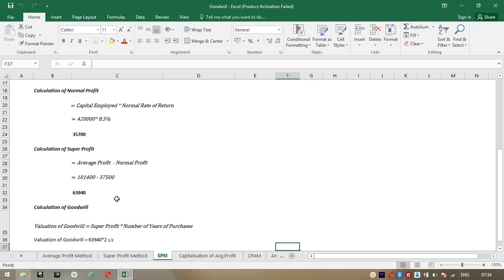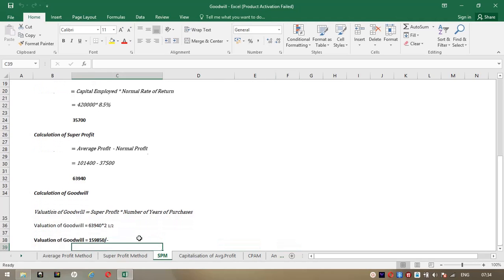For calculation of goodwill, we use the formula: goodwill is equal to super profit into number of years of purchase. Here we first calculated the super profit, then the number of years of purchase, which is given in the problem, that is 2.5 years. So 63,940 into 2.5, the answer is 1,59,850. This is our goodwill.